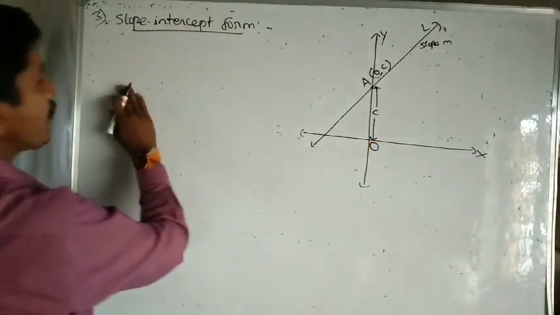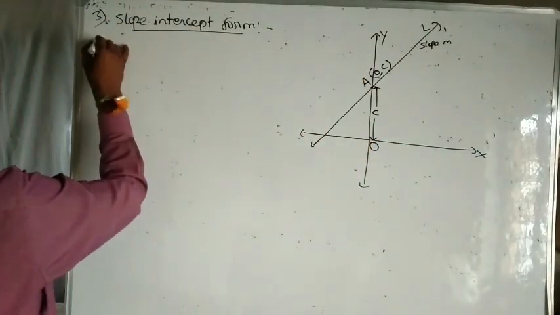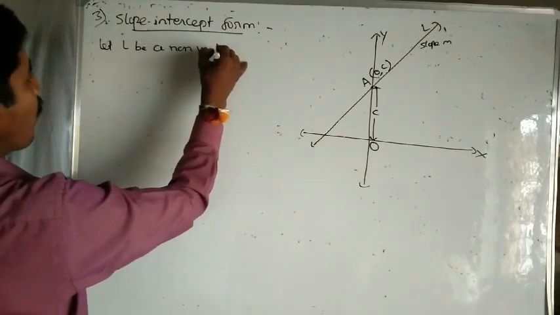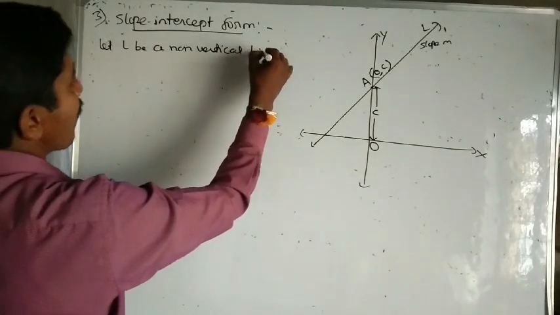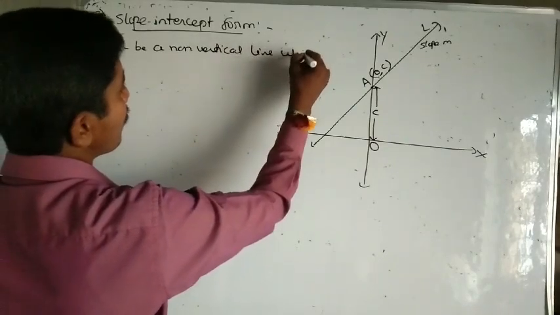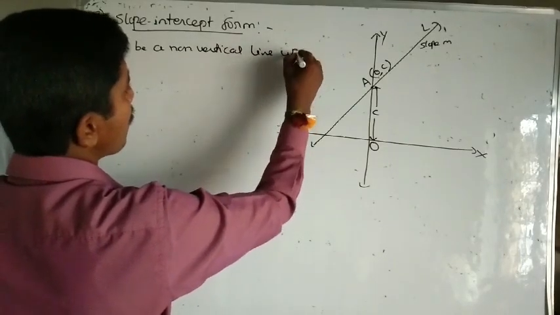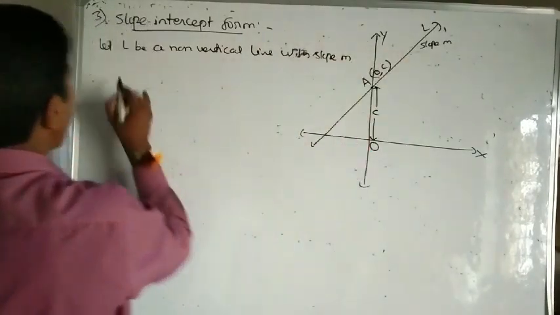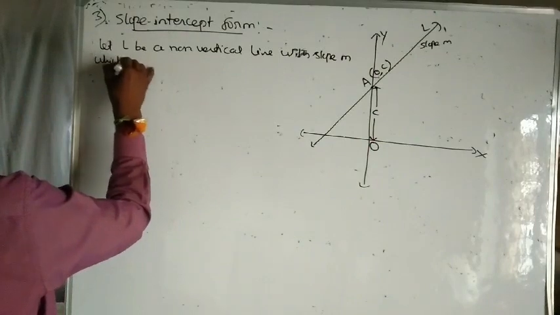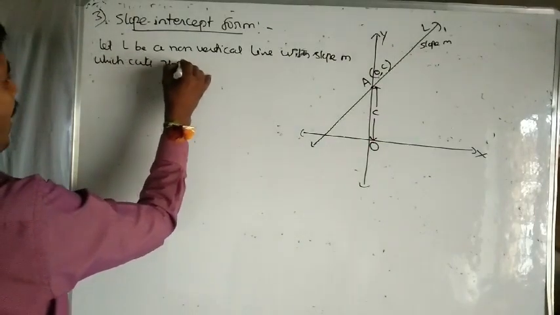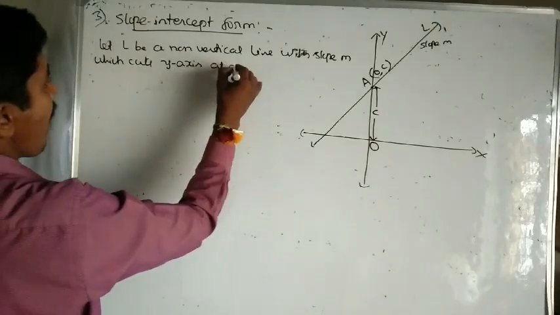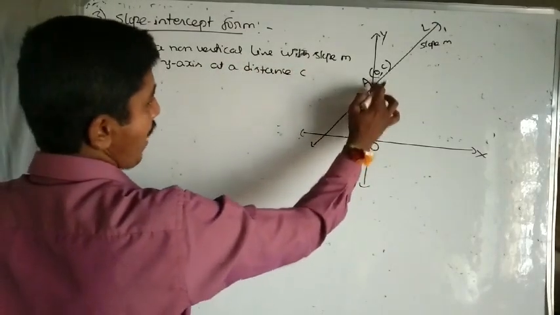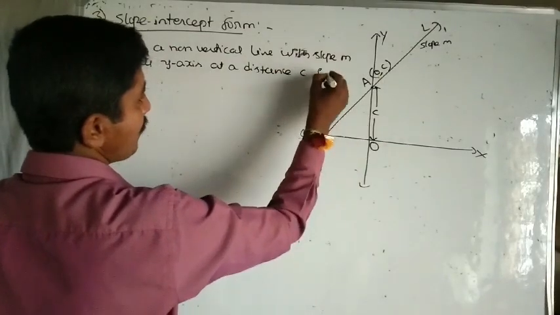So let L be a non-vertical line with slope m, which cuts the y-axis at a distance c from the origin.